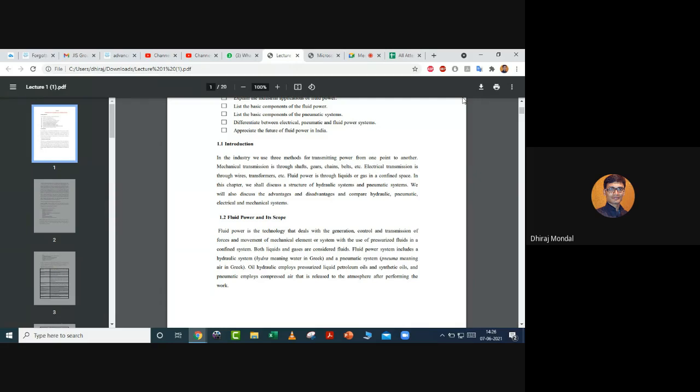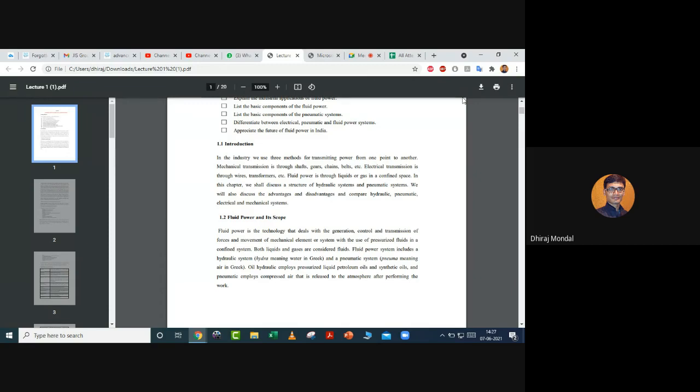What will happen? The volume is decreasing and pressure is increasing, so there will be some generation of pressure inside the cylinder, and that pressure can be used for a particular work.